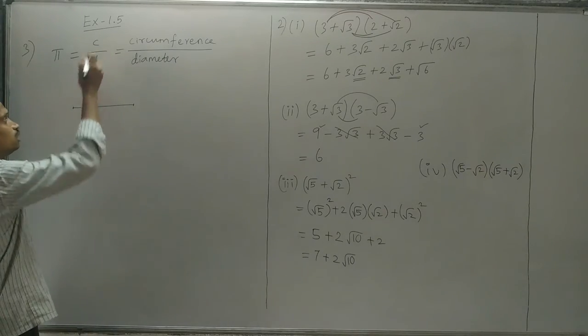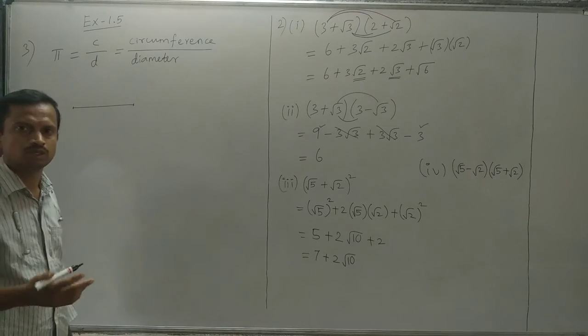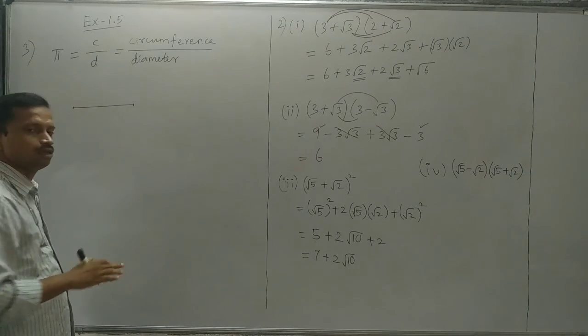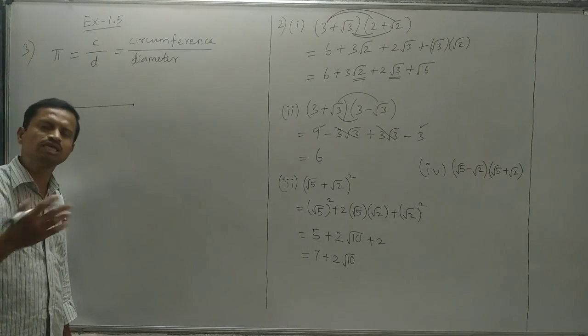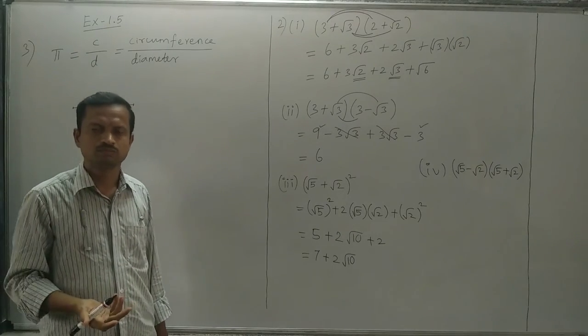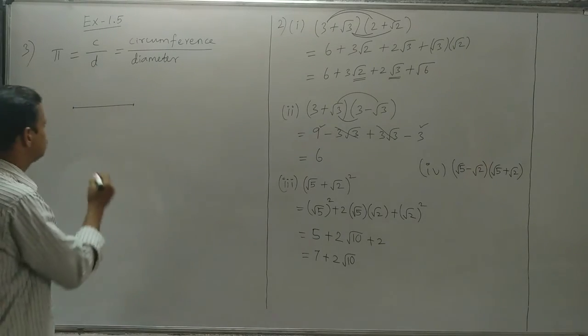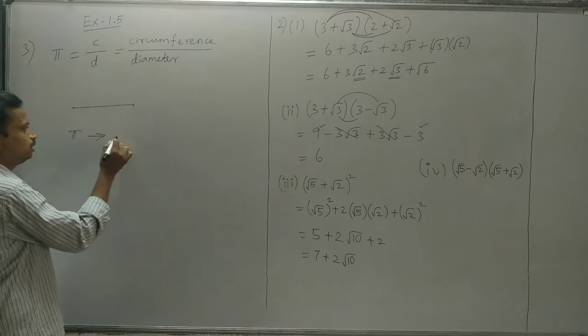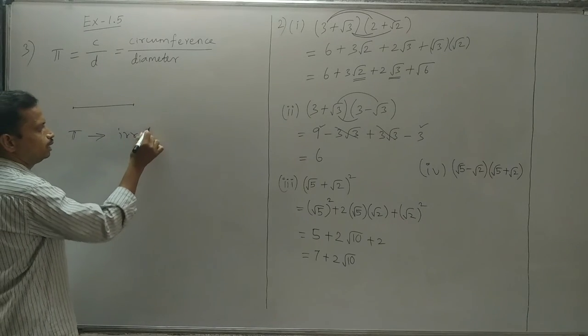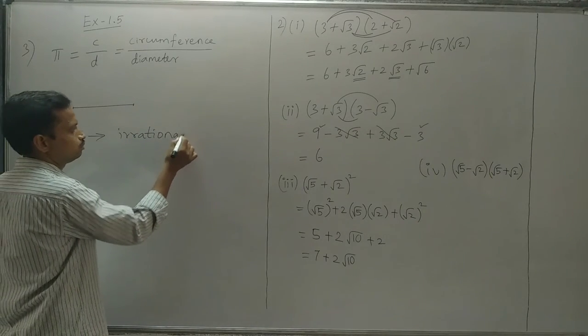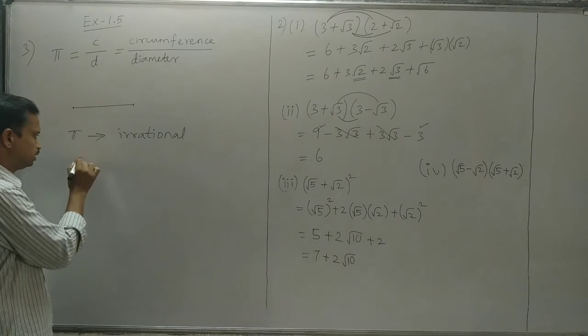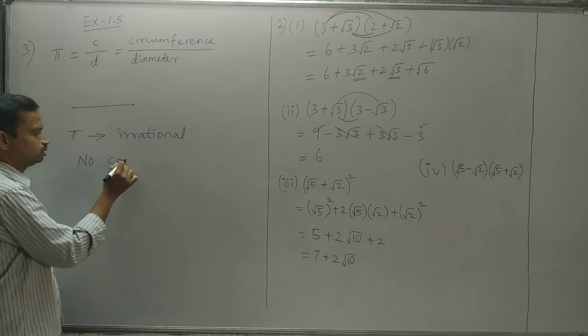So, C, the circumference may be irrational, or D may be irrational, or both C and D may be irrational. So, we can say pi is irrational only. So, there is no contradiction.